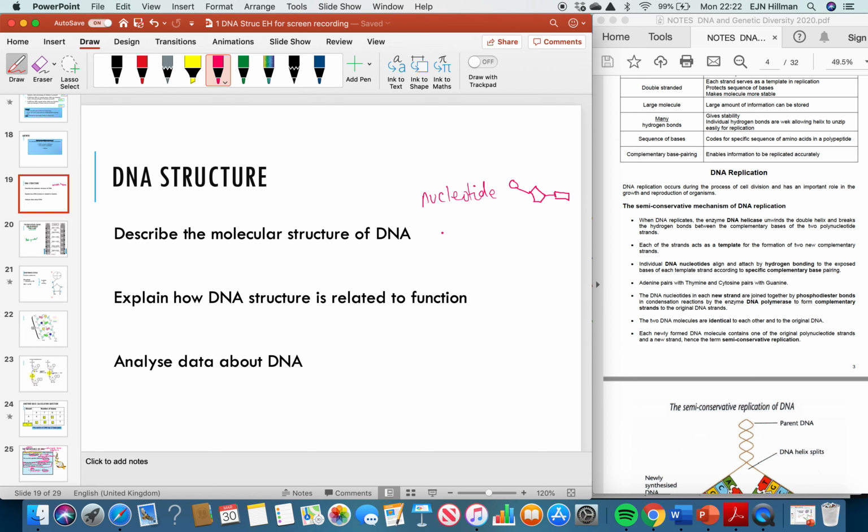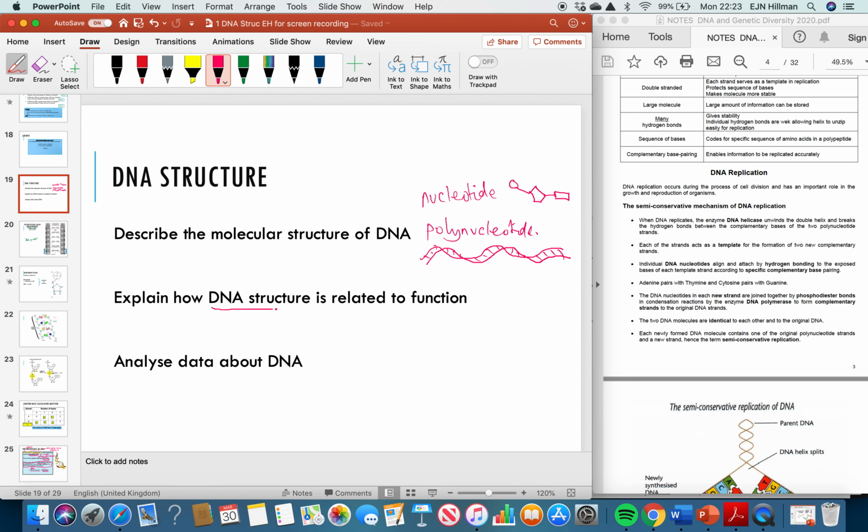And we also need to know the double helix structure. Let's see if I can draw this with my new pen. The easiest thing in the world. And there's base pairs between them. So we need to know those structures as the monomer and the polynucleotide, and then the double helix as well. So we've got polynucleotide, just a single one between those.